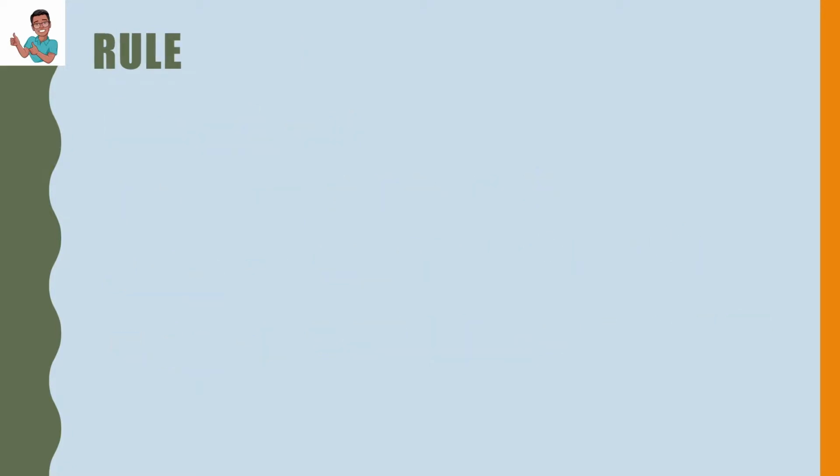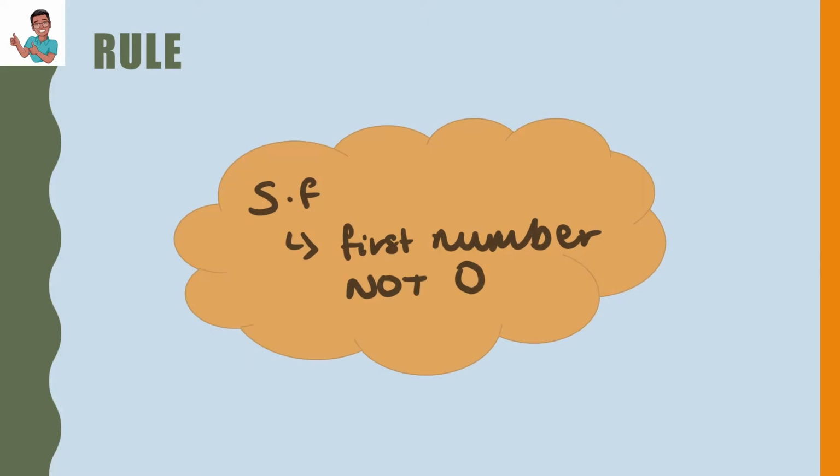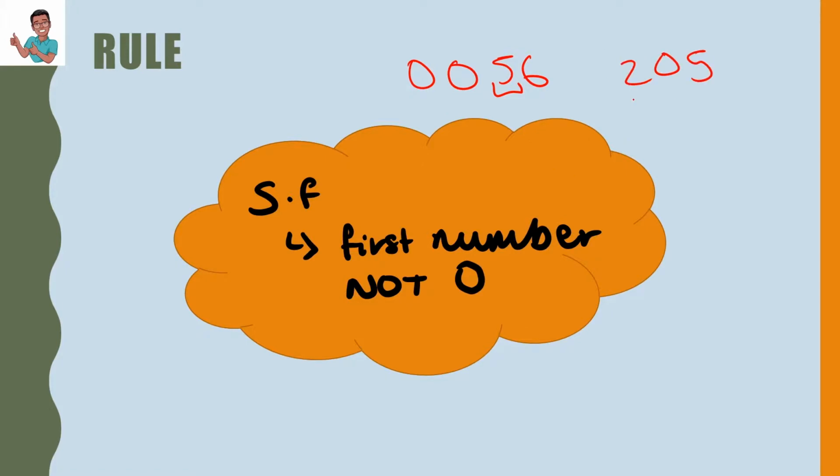Okay, now let's have a look at significant figures. A significant figure is the first number that is not a 0. For example, we could have 0056. The first significant figure would be the 5. However, when we have a number, for example, 205, this would be the first significant figure, and this would be the second significant figure, since this 0 is holding a place value.